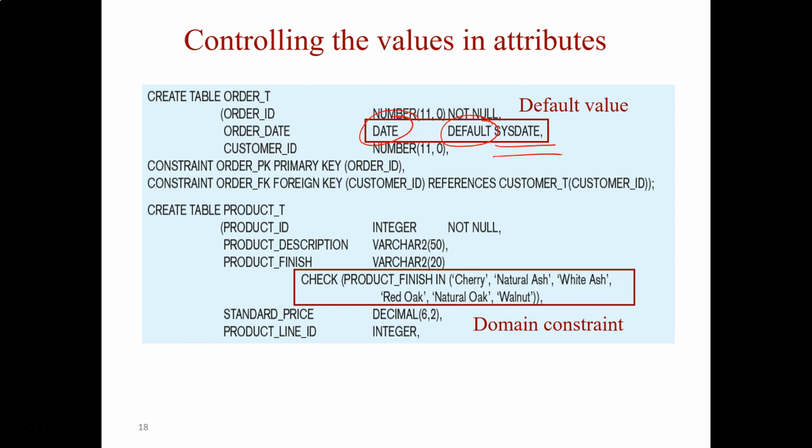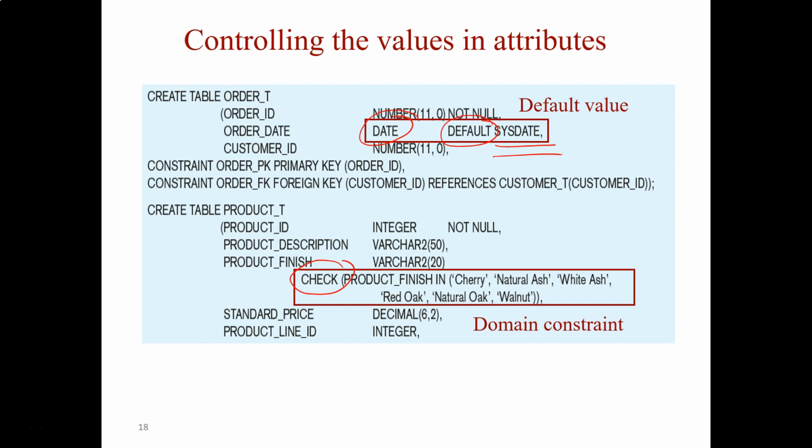In the product table, we want to make sure that the user follows the domain constraint when entering the product finish data. Therefore, we use the clause check followed by product finish in a list of allowable product finish values.